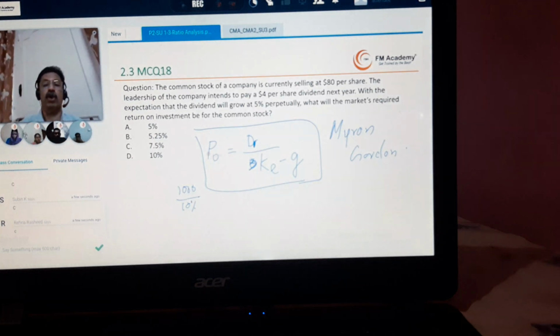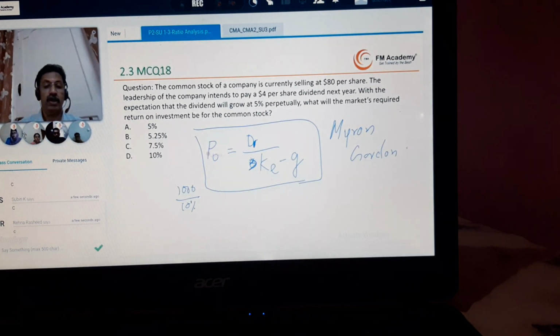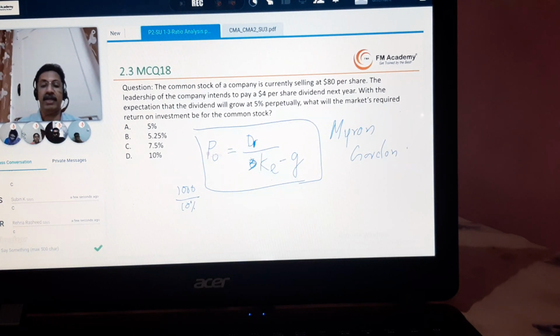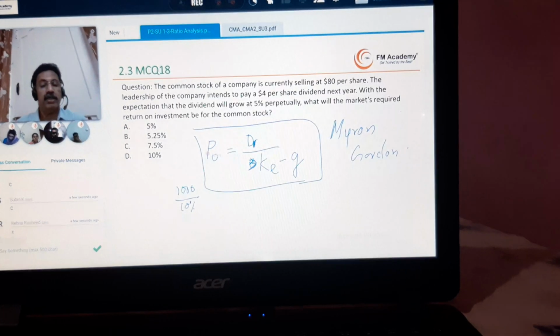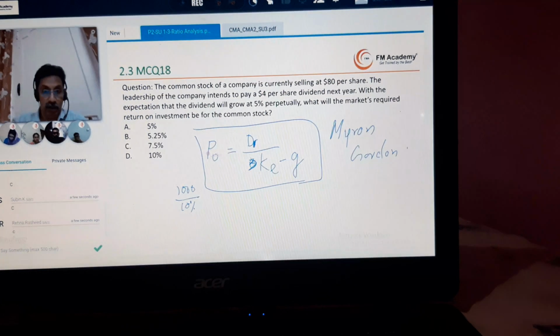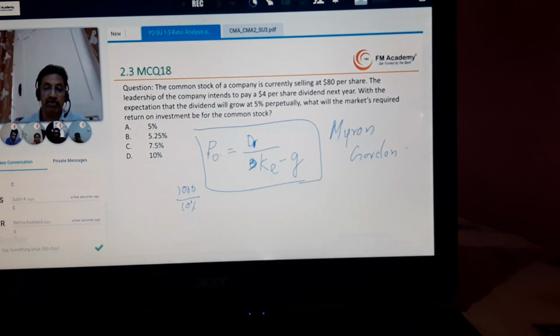This formula is called the Gordon growth formula or dividend growth formula. So you can just put these given numbers, you will get it, but you have to conceptually understand it. I will be covering the present value portion when I take the investment decision portion for you.